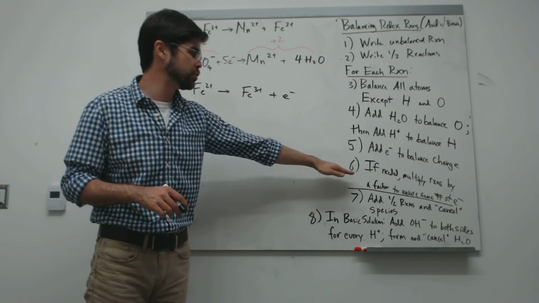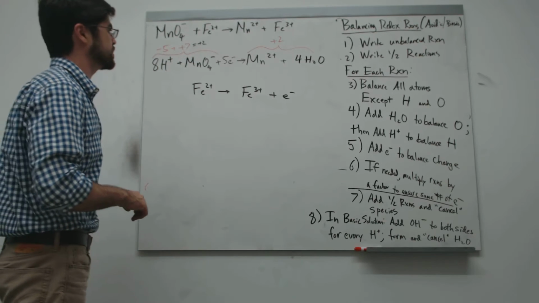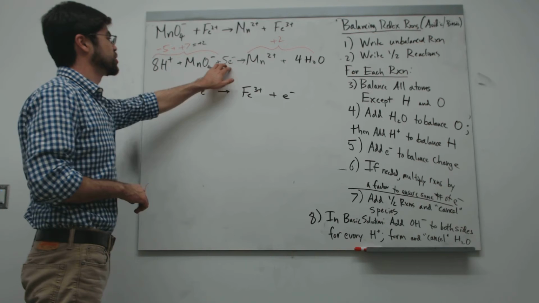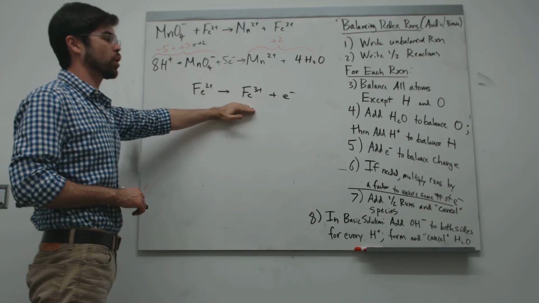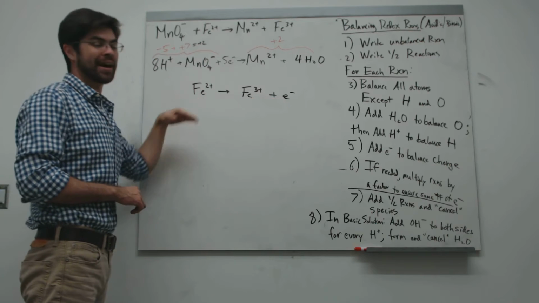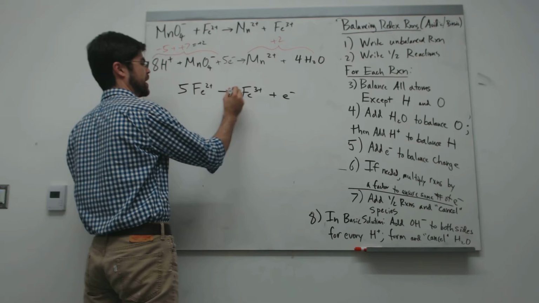Charges are balanced. If you need to, multiply the reaction by a factor to ensure the same number of electrons are transferred. So manganese is gaining 5 electrons here. We're only able to get 1 electron out of iron, so I need to multiply this whole reaction by 5.